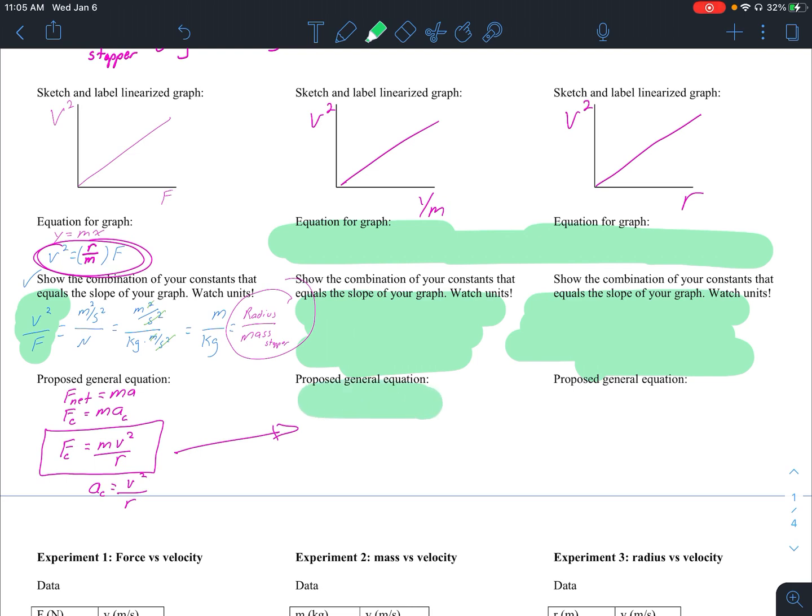This is also the homework: go through here and see if you can complete those. We will likely have to discuss this next class. If there are any questions, be sure to send me a Schoology message.